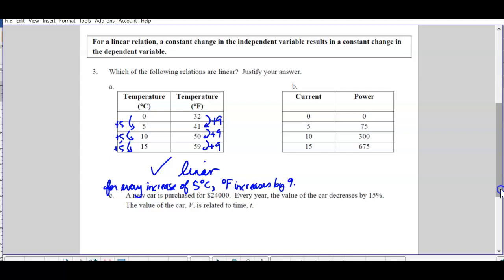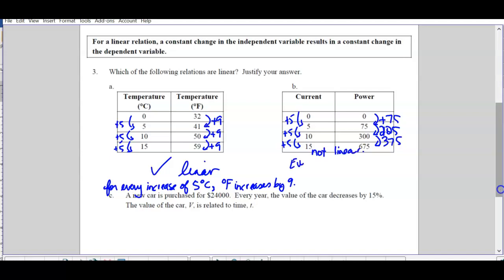Okay. Next one, current. So we're going up by 5s, up by 5, up by 5, and this is up by 75, up by 225, up by 375. Not consistent. Okay, so this is not linear.